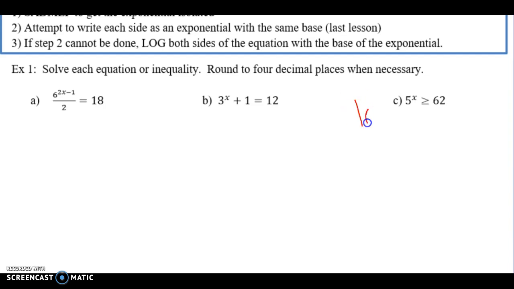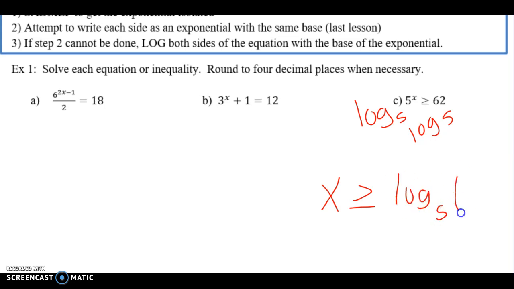So what is the base I'm going to use this time? 5. So I'm going to log base 5 both sides. So I now have x is greater than or equal to log base 5 of 62. Math alpha math.